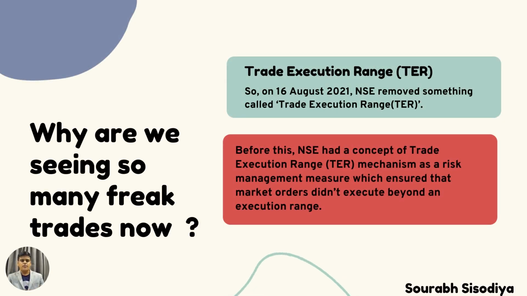So even if this fat finger mechanism is there, why are we seeing so many free trades now? The reason for this is the trade execution range. On 16th August 2021, NSE removed something called the trade execution range. Before 16th August, NSE had a concept of trade execution range, which means that you cannot execute an instrument beyond a certain price range.